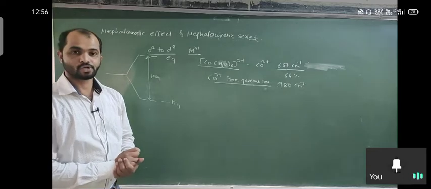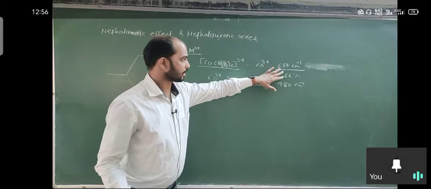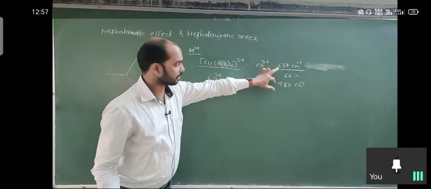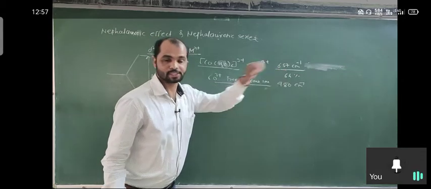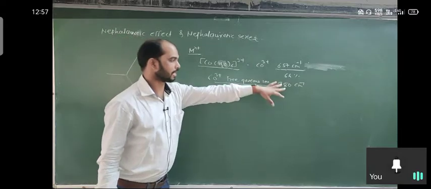So what is the observation? In the complex ion, the energy difference between the two levels is 657 per centimeter, and in the free gaseous ion state it is 980.